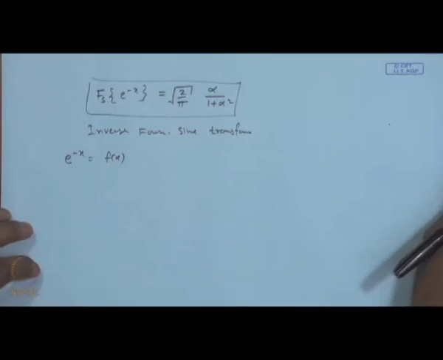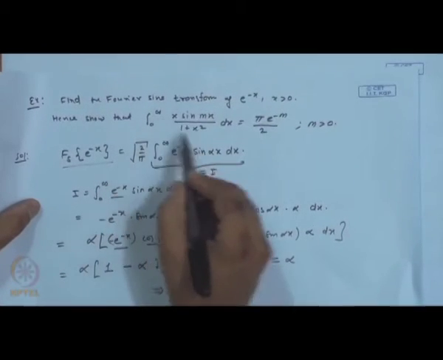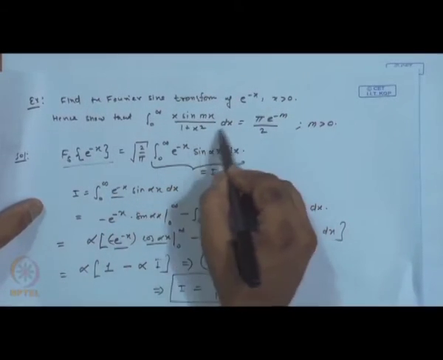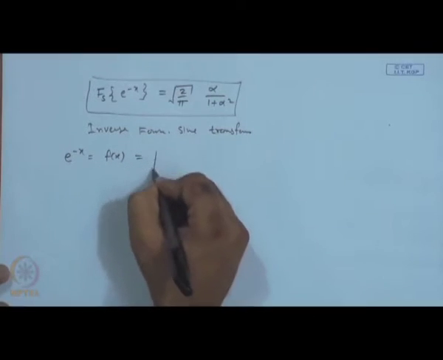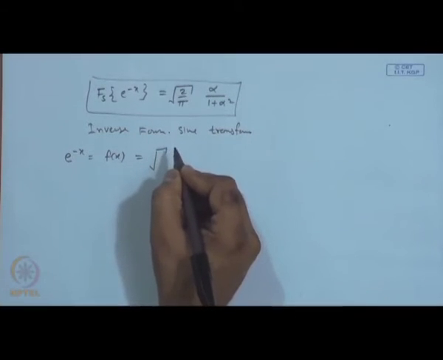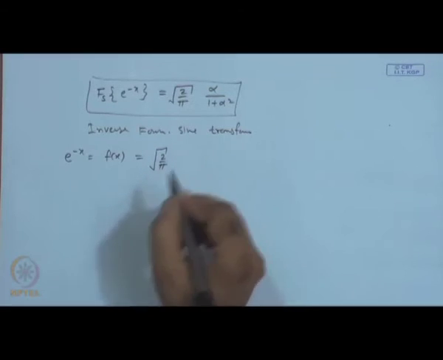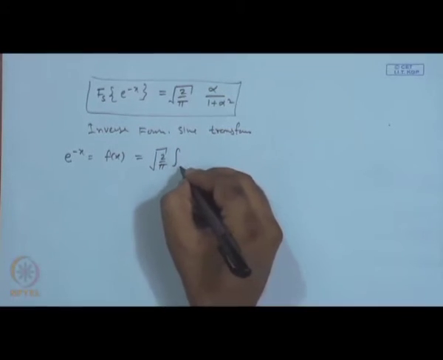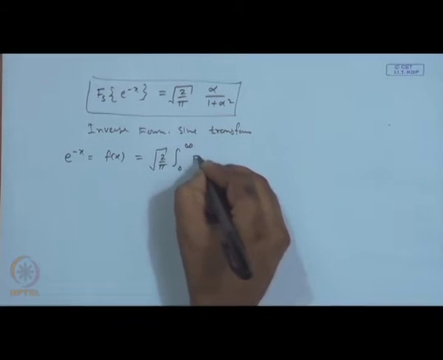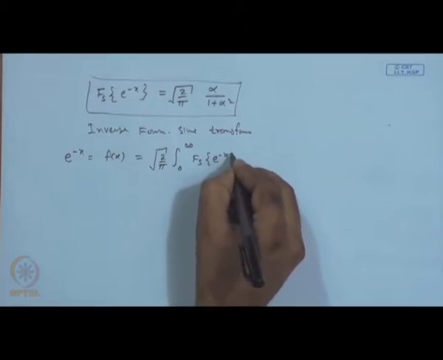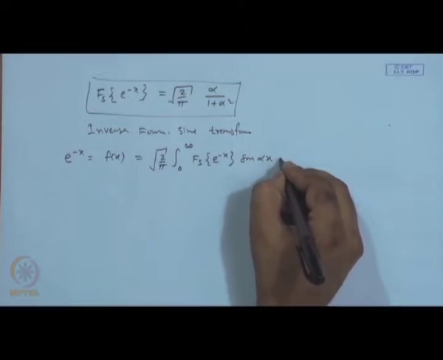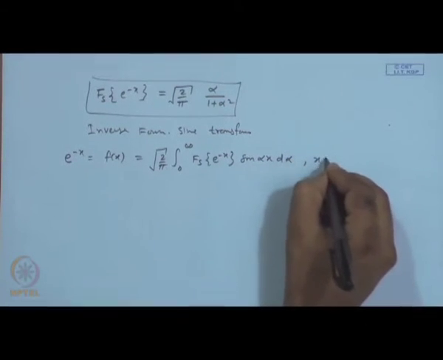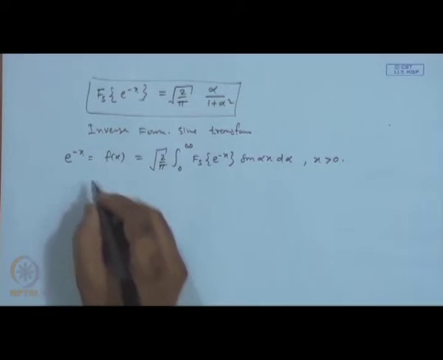The second, we are going to get this integral from 0 to infinity of x sin mx over 1 plus x square dx. So for that we take the inverse sine transform, and this is square root 2 over pi times the integral from 0 to infinity of the Fourier sine transform of e to the minus x times sin alpha x d alpha, for x positive.